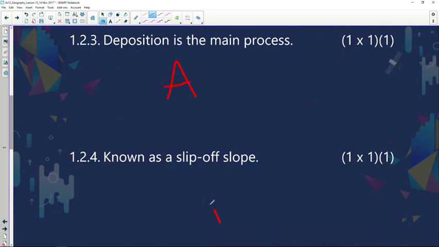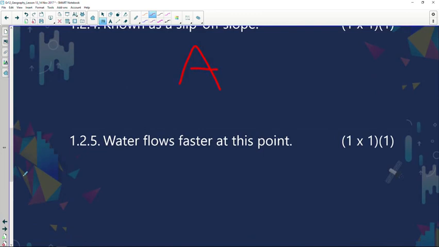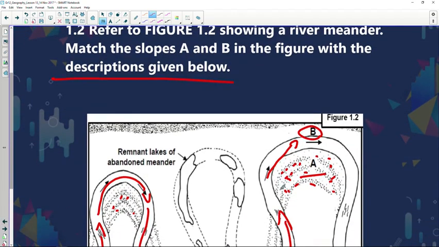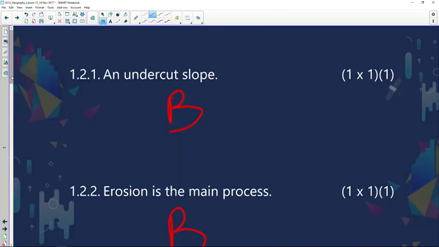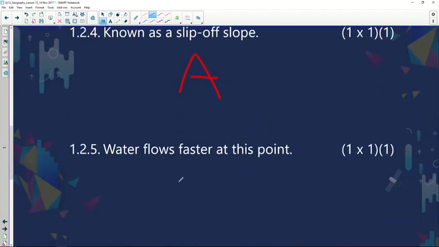That is also where the deposition takes place, is number A. If you look at number B, water flows faster at this point, and that will be number B, as you can see over there. Because of the deposition taking place on the inside bend, the water is not going to be that fast flowing, but on the outside bend, where erosion takes place, that's where the water is going to be the fastest. So the correct answer for 1.2.5 is B.